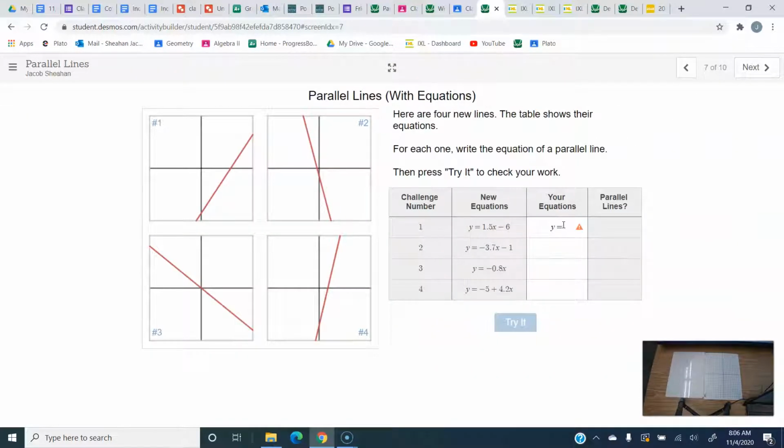So when you went into these, all you had to do was copy any part that had the x. Negative 0.8x, let's say plus 1 for this one, just so it's a little different. Y equals 4.2x.